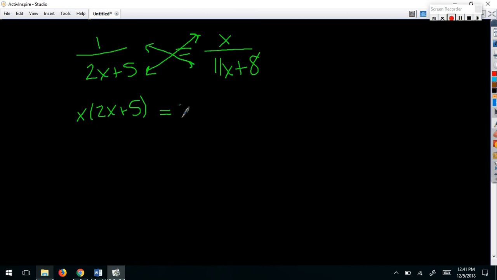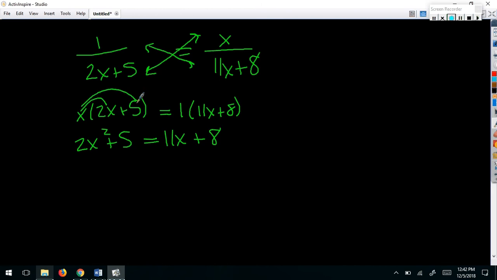So you have to set it equal to 0? Exactly, 2x squared plus 5x. Distribute that x through.